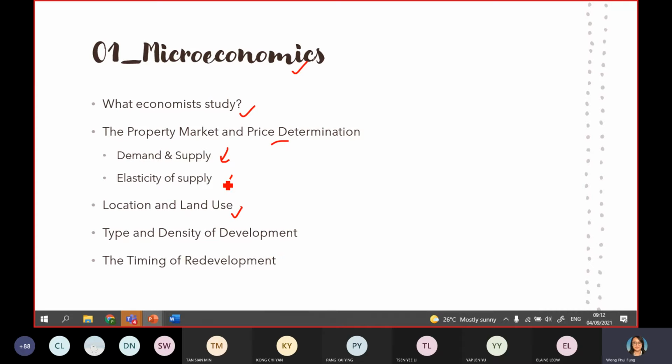But then we also learn that city center is not always the best location. How we define the best location actually depends on the profit, whether they can earn more profit or less profit at that location. So it does not mean that city center is always the best location.